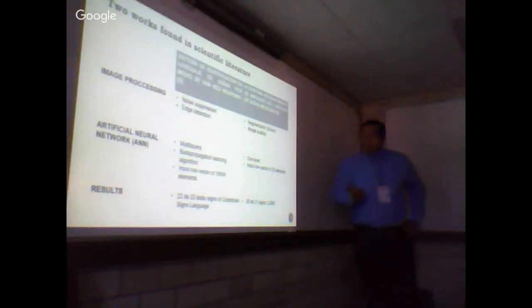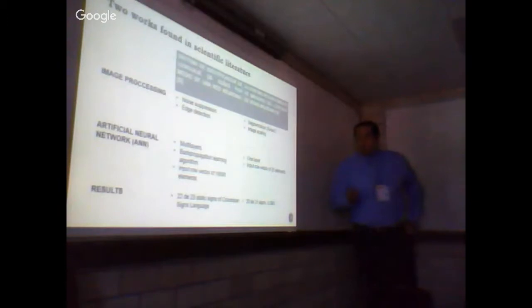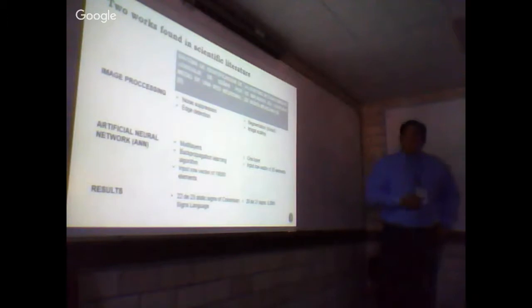The first row shows the image processing. The techniques used in the first work are noise suppression and edge detection. The second work uses segmentation with the Kinect, and later image scaling. The artificial neural network in the first is a multilayer network with the backpropagation learning algorithm, and the input is a raw vector of 80,000 elements.